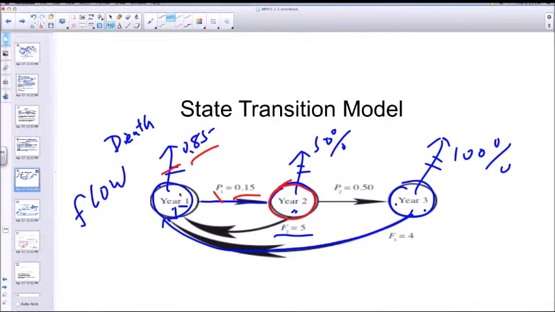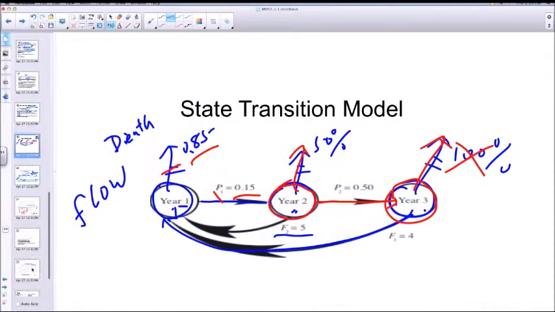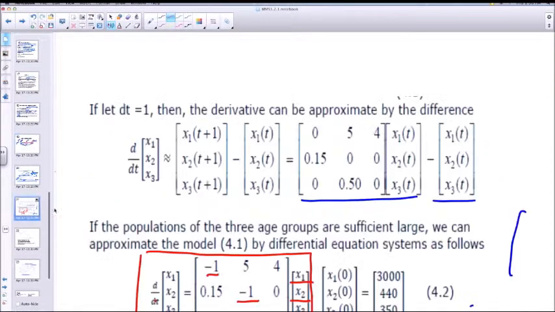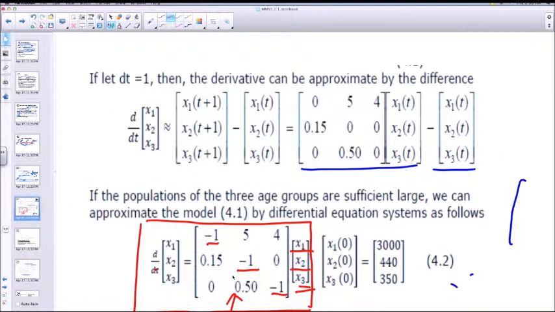After the tick of the new year, for the new breeding season, all the population in the second year either become the third year population or all died. That's -1. Or the same for the third year: after the next year, all died. So that's what you mean in your equation, -1.